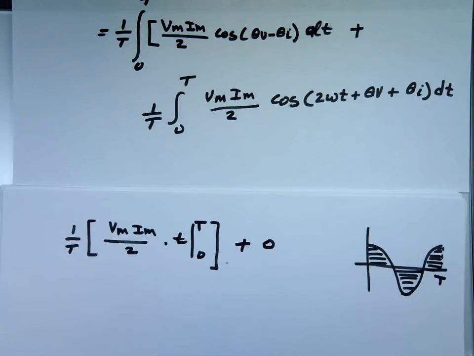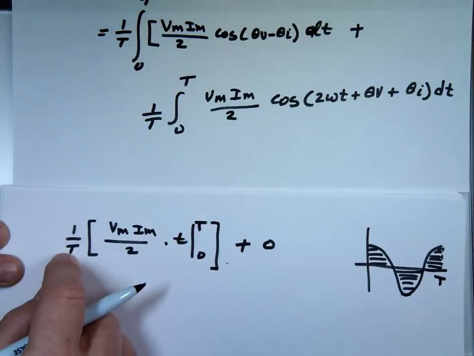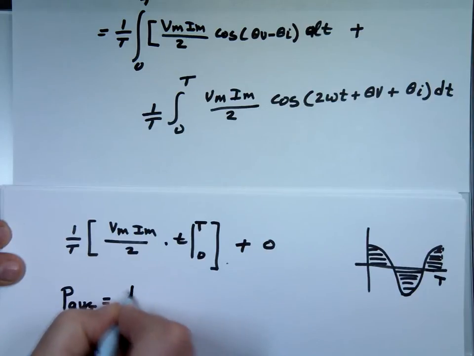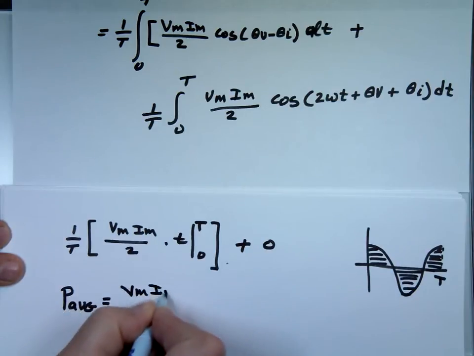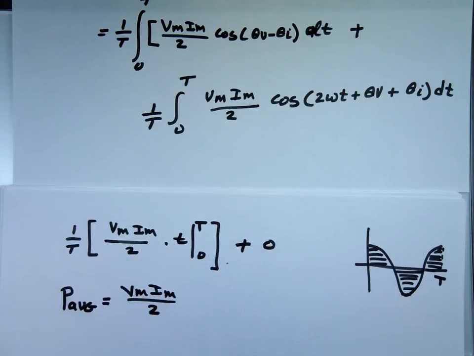So now you let t be capital T, what will happen to that T? It cancels out, and there's the equation I'm looking for. The average power is V max I sub max over 2. Oh, I left out cosine here. I left the cosine out, right?